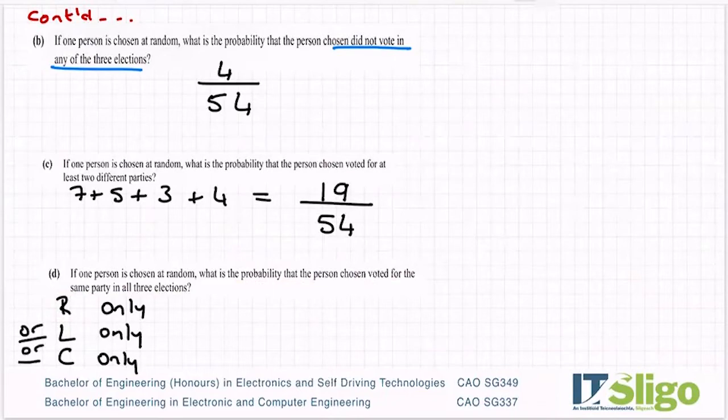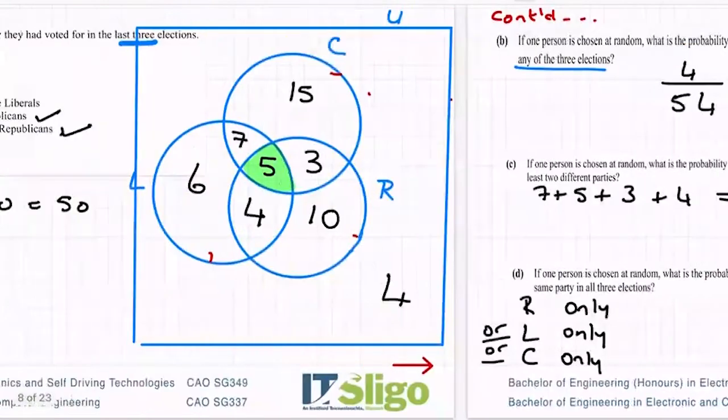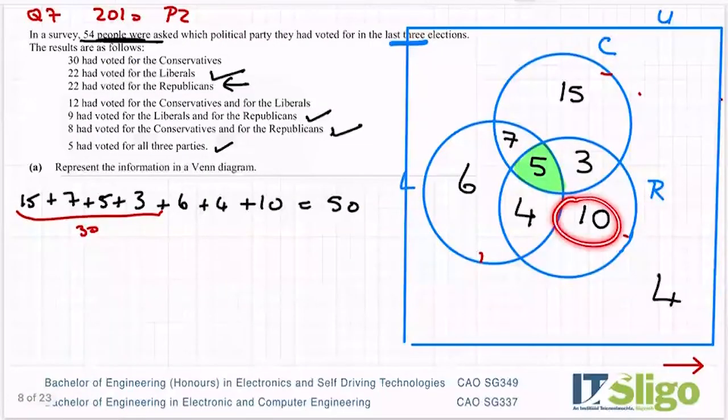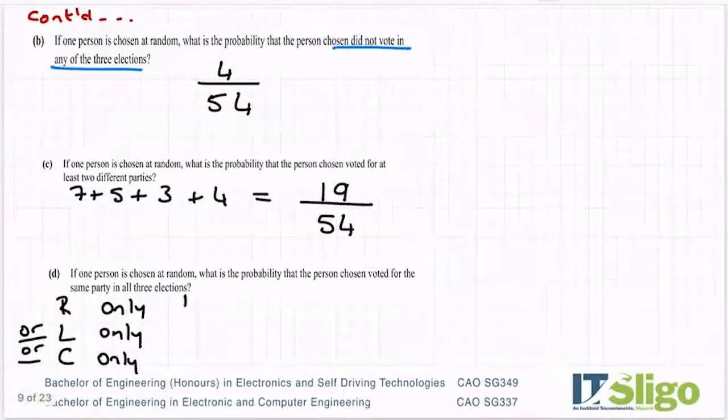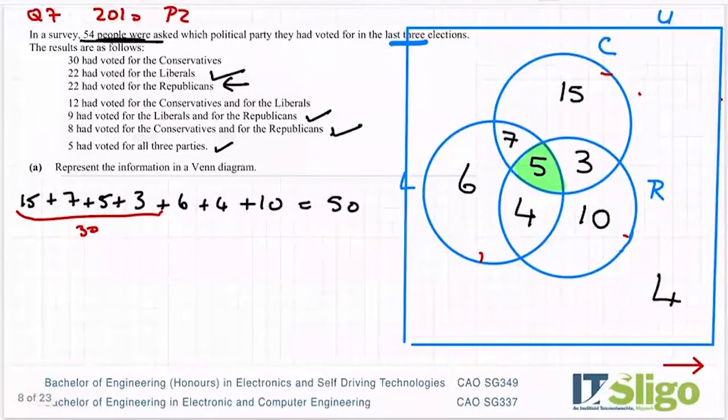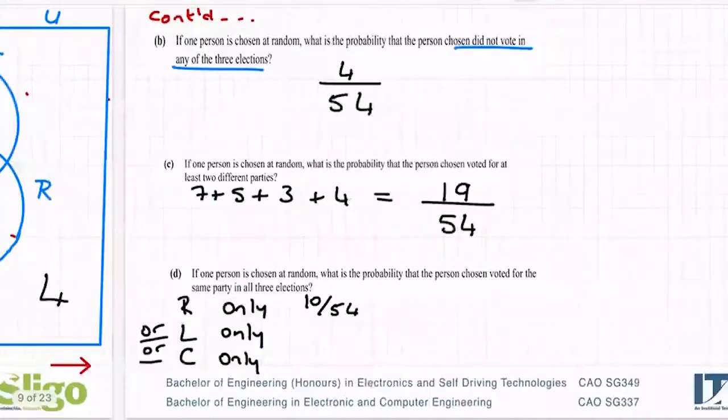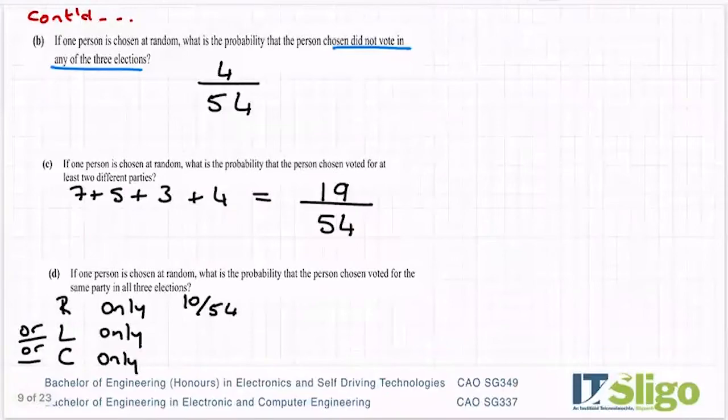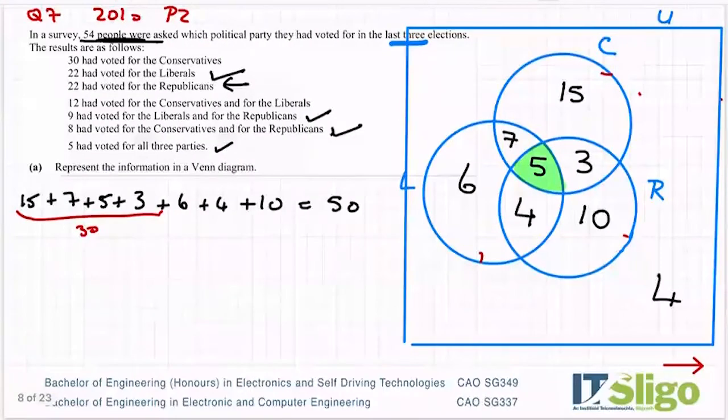So how many voted for Republican only? 10 out of 54. How many voted for Liberal only? It's those 6 out of 54. And how many voted for Conservative only?